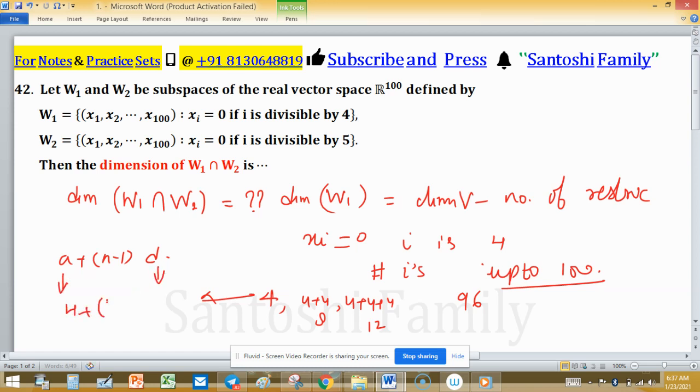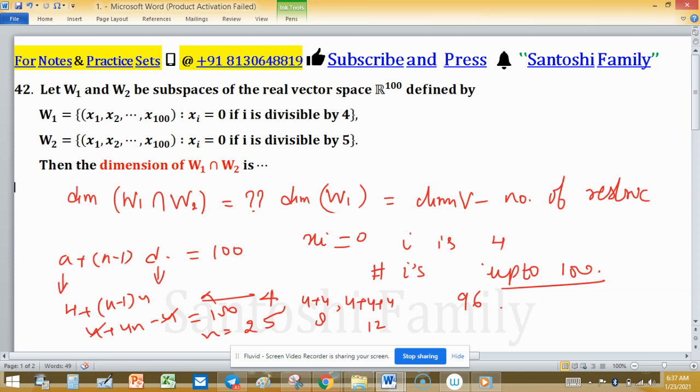This is 4 plus (n minus 1) into 4, 4 plus 4n minus 4, equal to 100. So n equals 25. So the number of terms is 25.